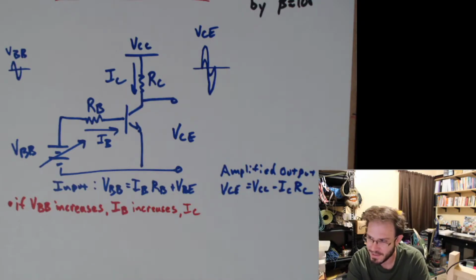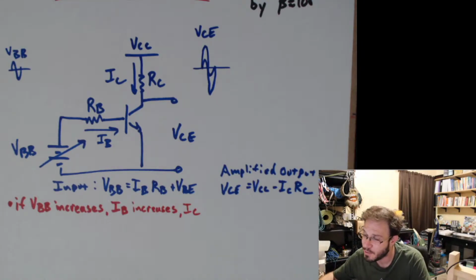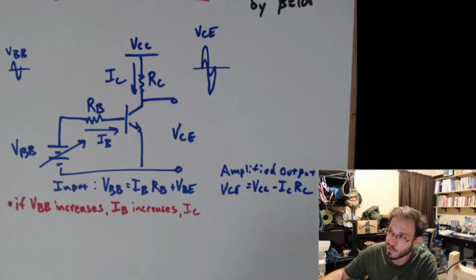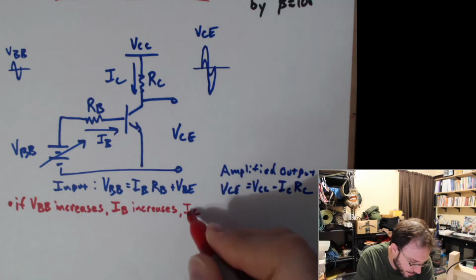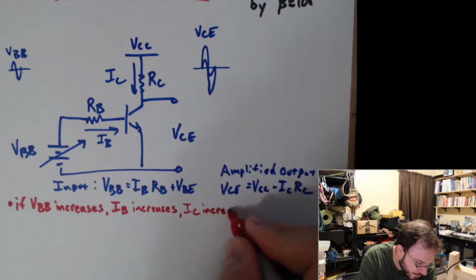Are you sure about that? It goes up, right? Because the relationship between the base current and the collector current is that factor of beta. So if IC is equal to beta times IB, then if IB goes up, IC is just equal to 100 times IB. So they are proportional to each other. So IC increases.